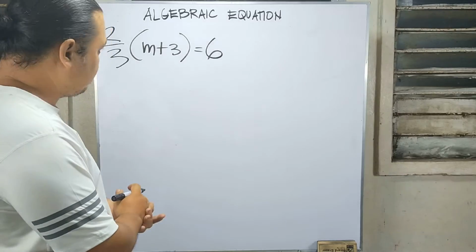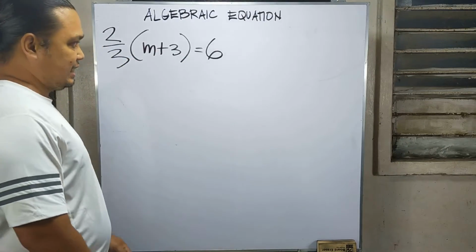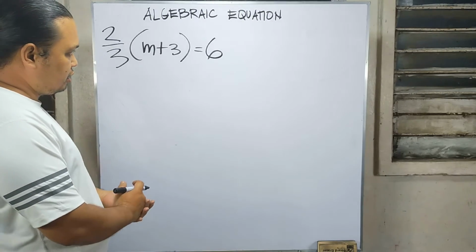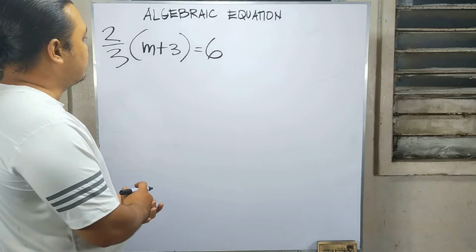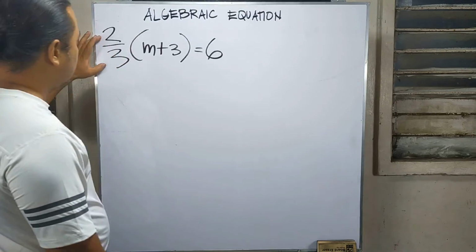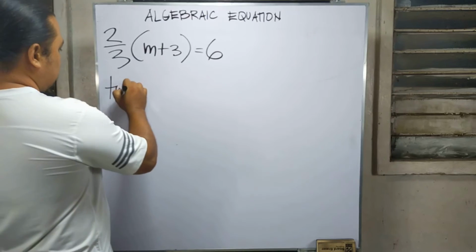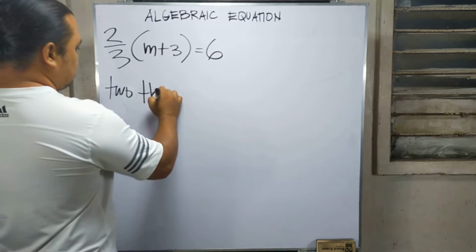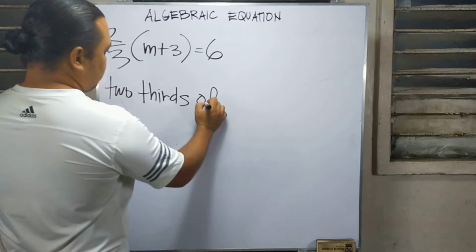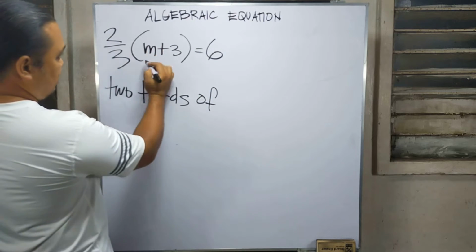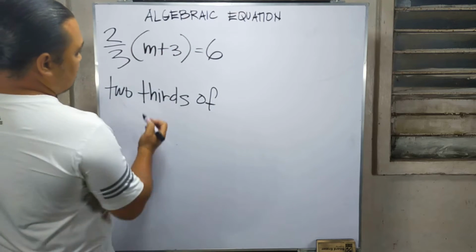For our next example here, we have 2/3 n plus 3 is equal to 6. Now let's interpret this. Let's change this into a word phrase, and let's do that one by one. We have here 2/3. Okay, let's write 2/3 of what? 2/3 of this number. Now next here is addition.